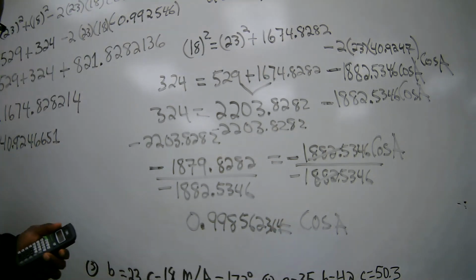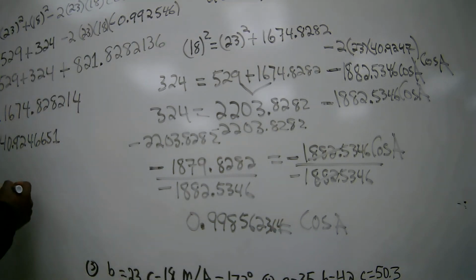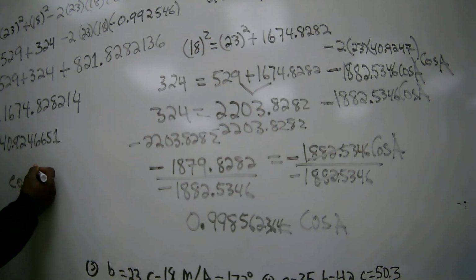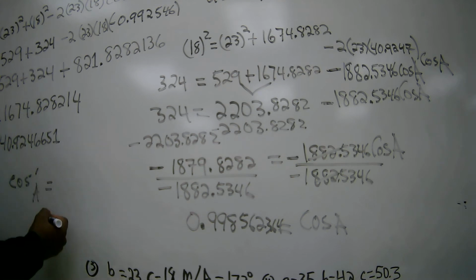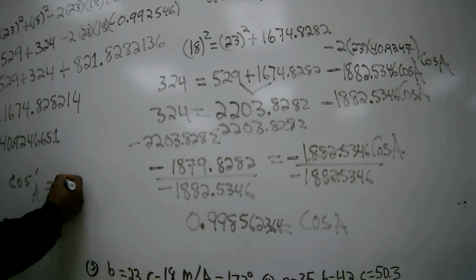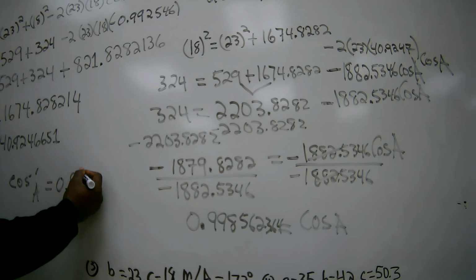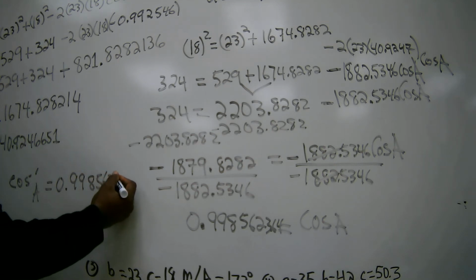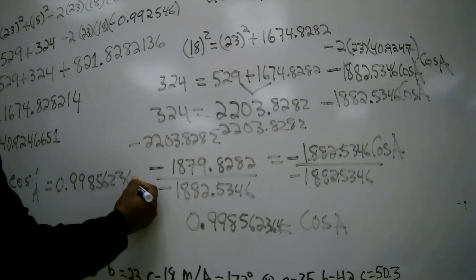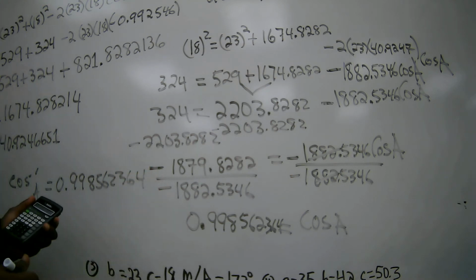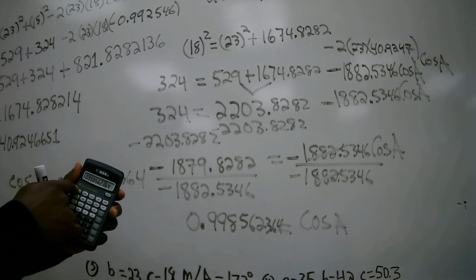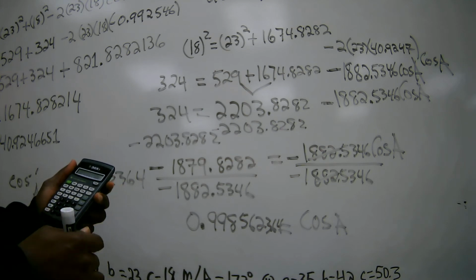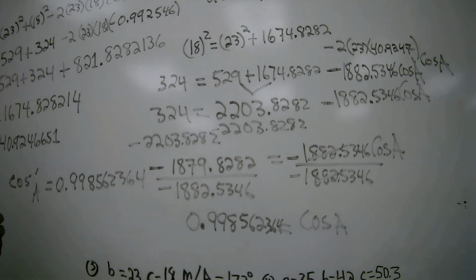Then we're going to do inverse cosine. Inverse cosine, do shift, it's going to change to that, and you enter this in your calculator. I press shift cosine, and it tells me 3.07265.